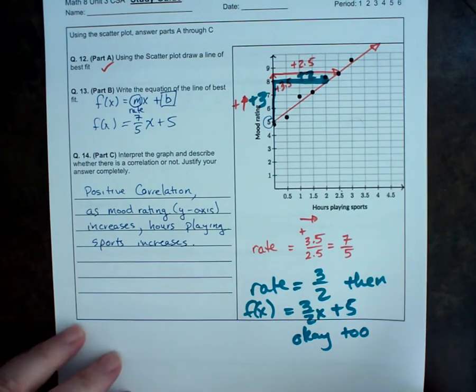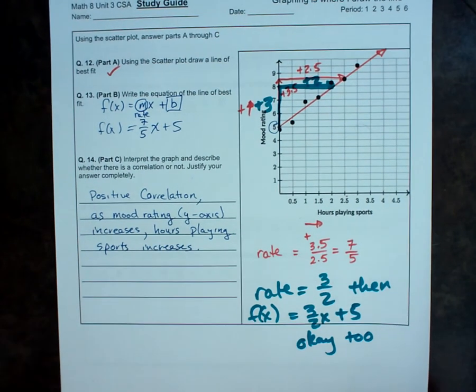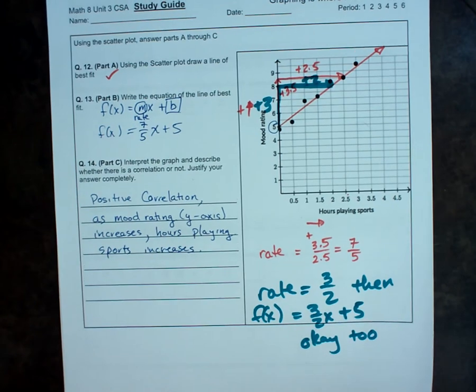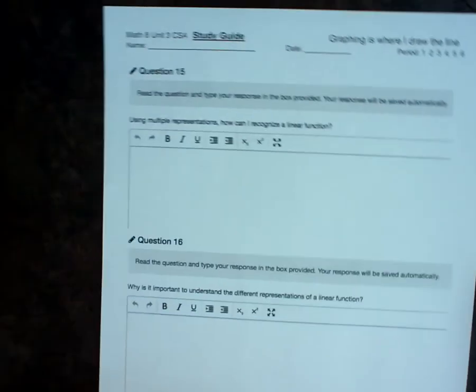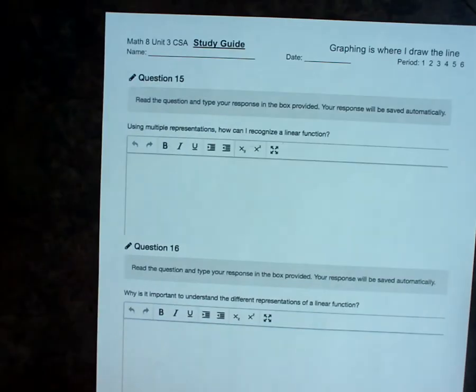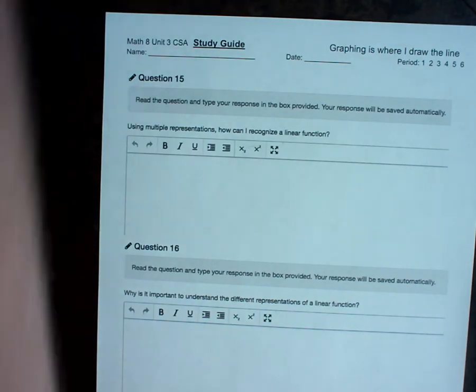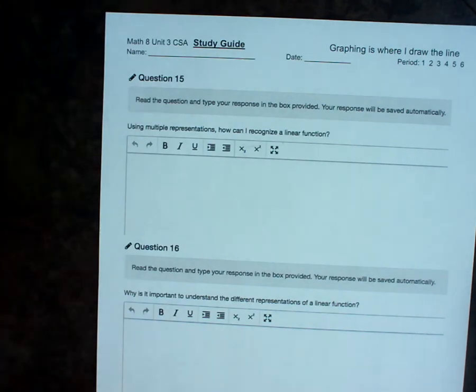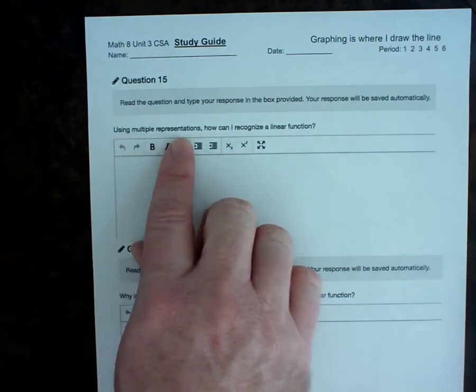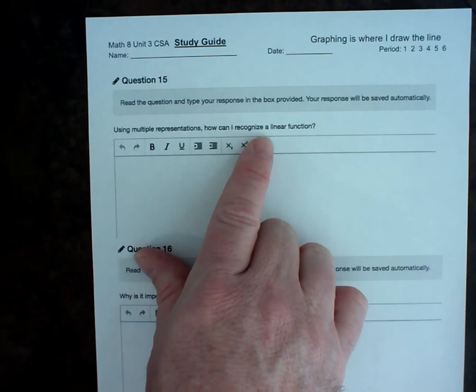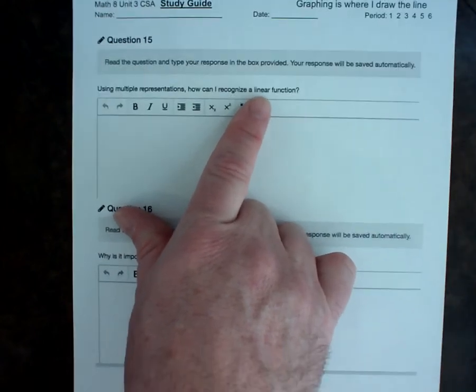Okay, that gets us to our last 2 questions here. Our essential questions. And when we get to the essential questions, we have a couple of questions. Using multiple representations, how can I recognize a linear function?